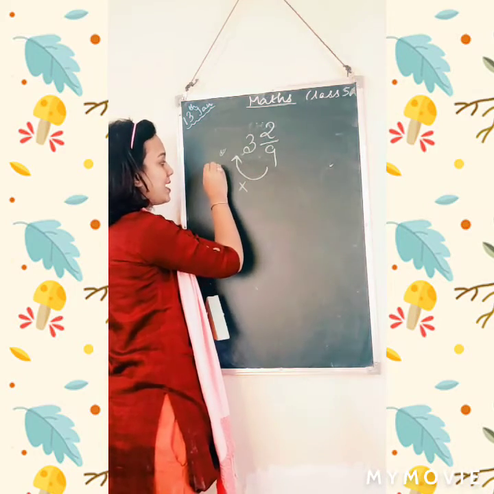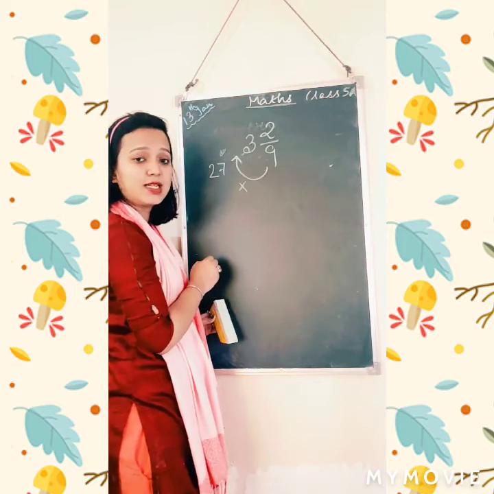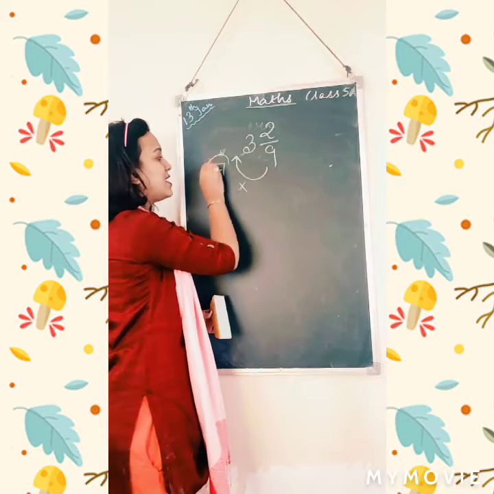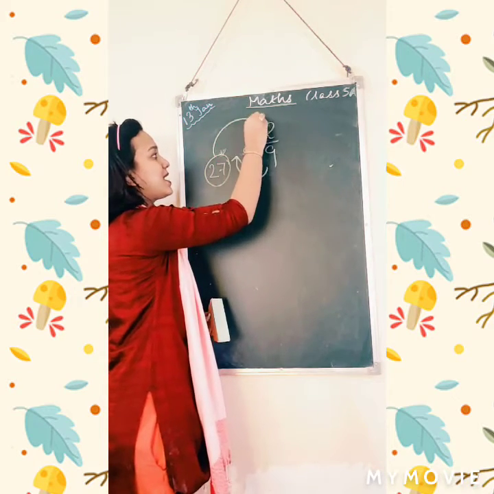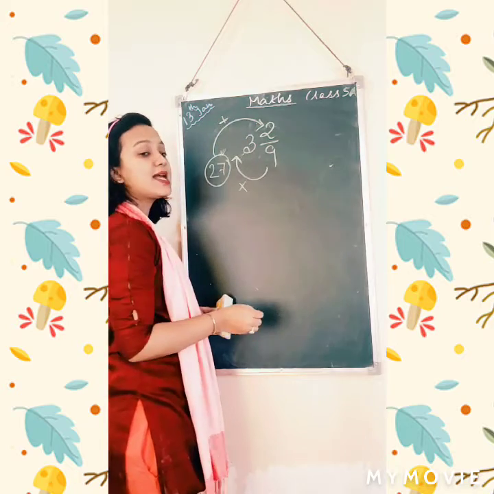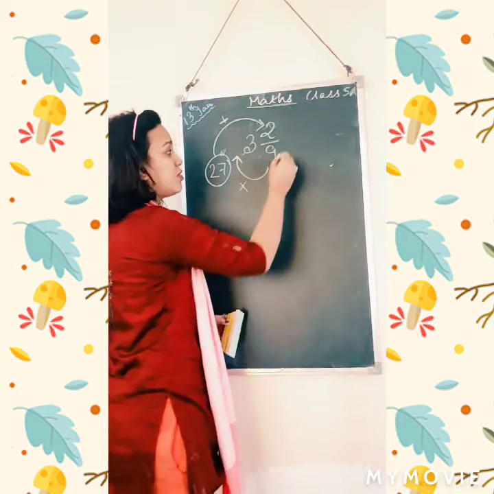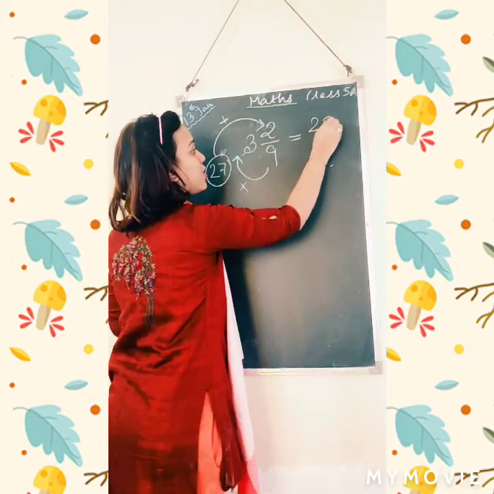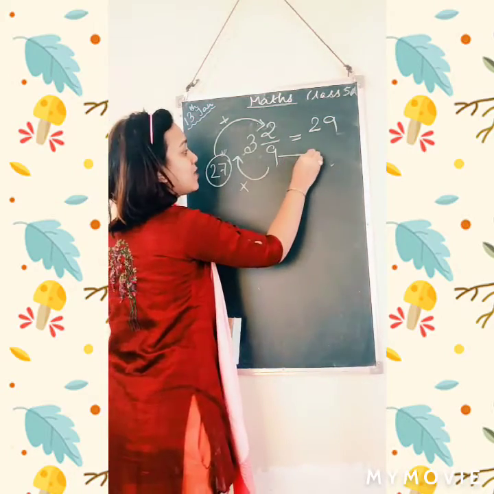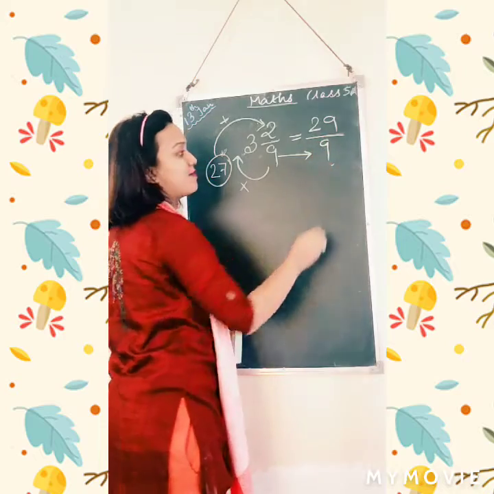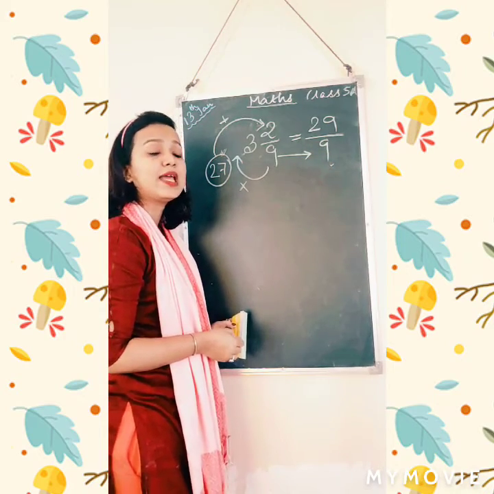When I multiply it, I get 27 because 9 3s are 27. Now this 27, I will add up with 2. 27 plus 2 gives me 29. So your final answer becomes the numerator and the denominator remains the same. So it is 29 by 9.